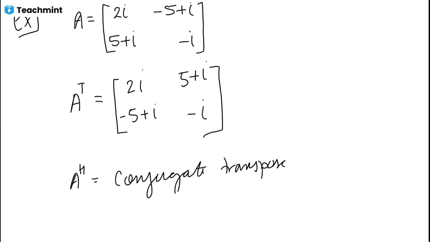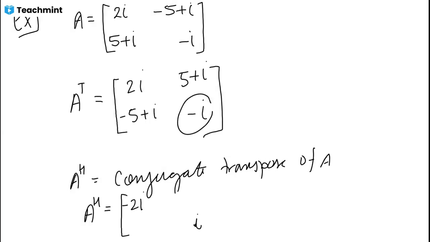So conjugate transpose of A we can find as A^H, just put a negative sign, which means take the opposite sign of iota everywhere. So we have minus 2 iota, we have iota only because we have already minus, negative of negative, and minus 5 minus iota and 5 minus iota.